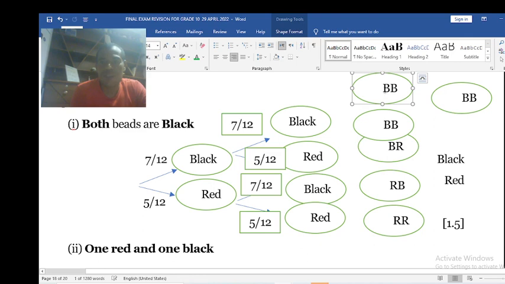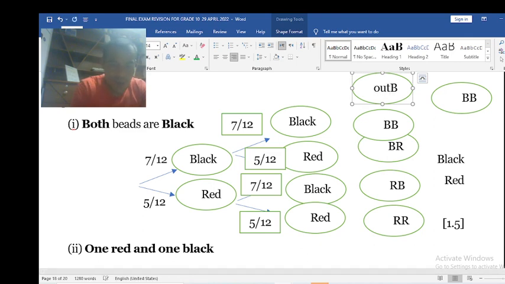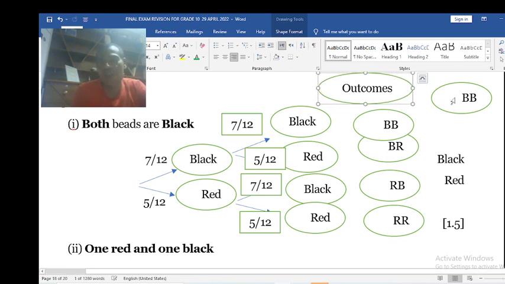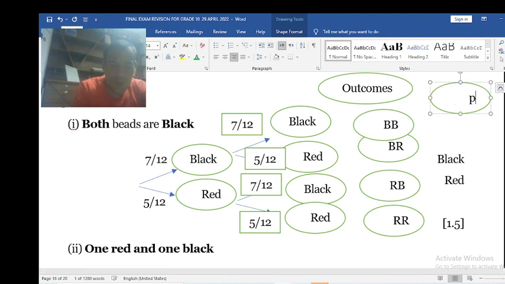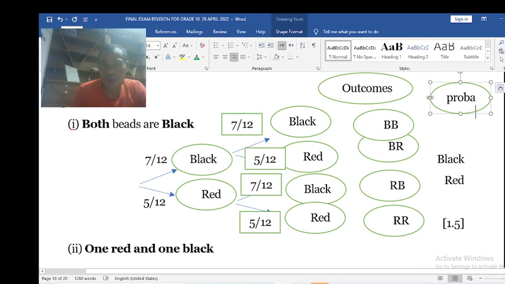I'll just write here: possible outcomes. Then I will extend this one so that it will be clear. And this one is their probability.